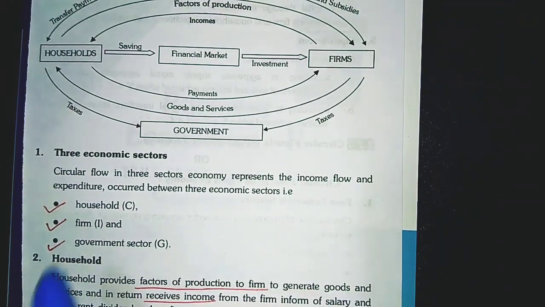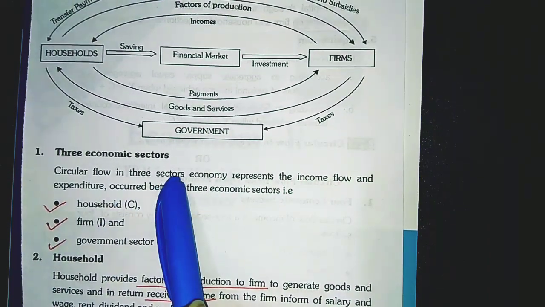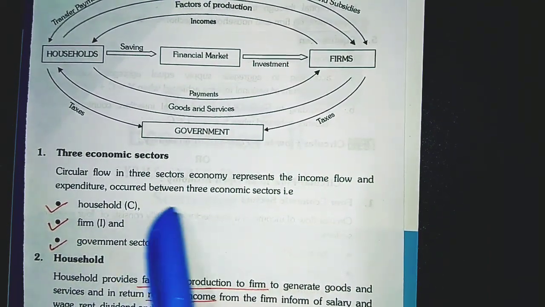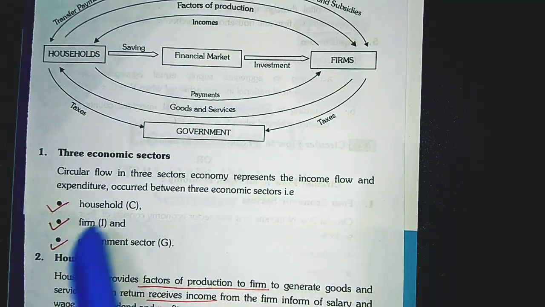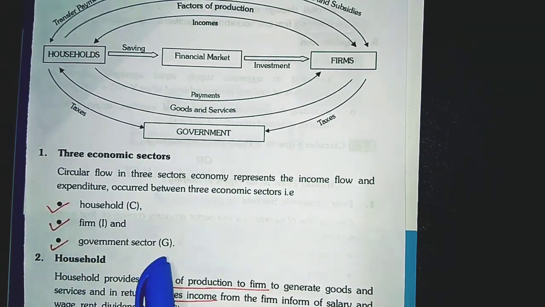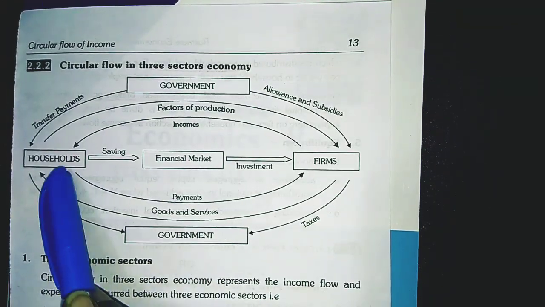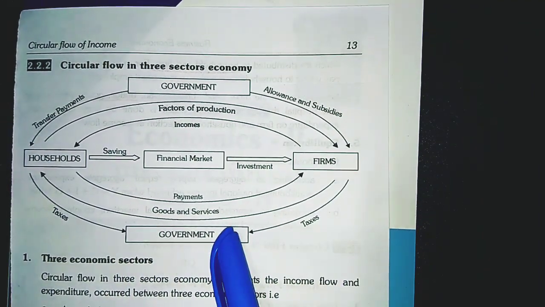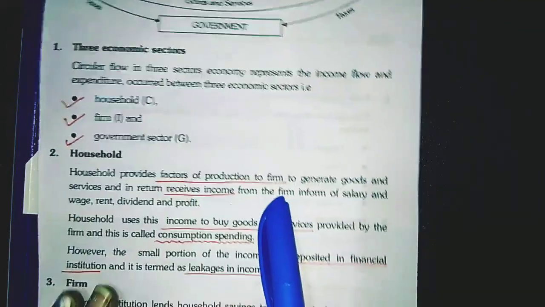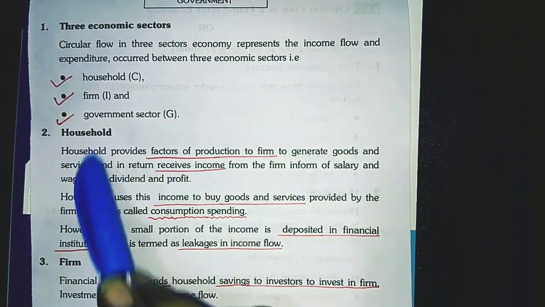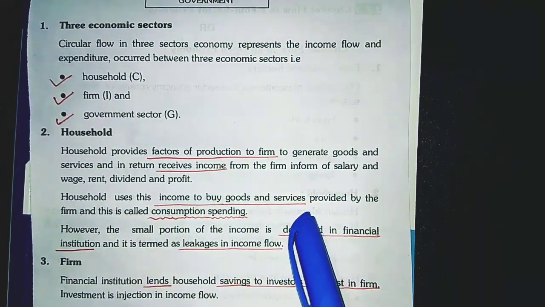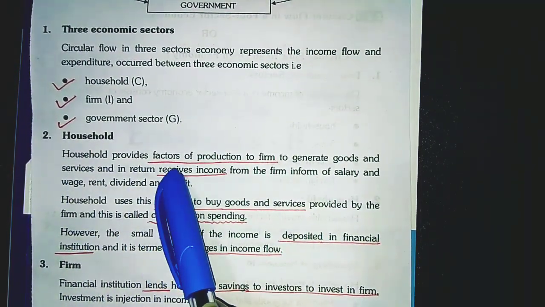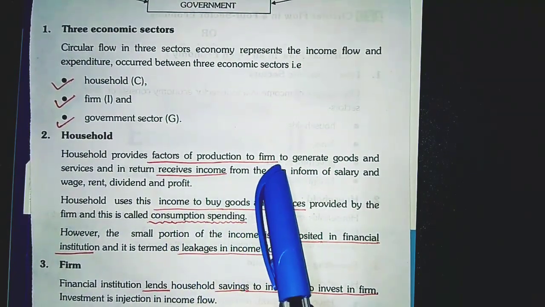Now the first point is three economic sectors. Over here there will be three entities: household, firm and government sector. Now the second point is household. In this we are going to discuss the household. So household provides the factors of production to the firm.